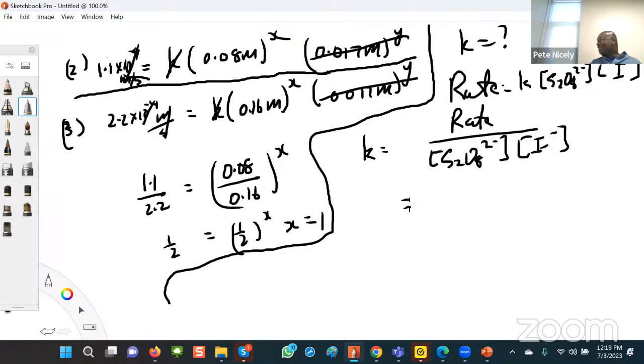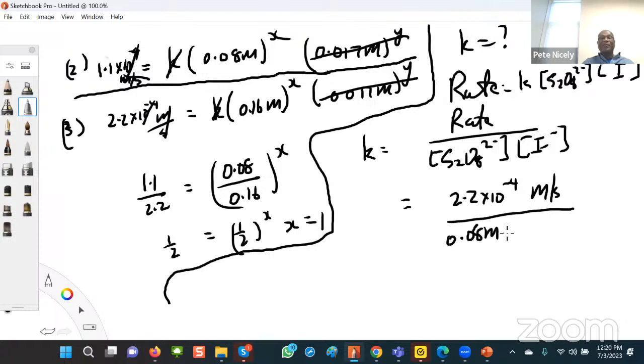So if I choose experiment 1, all I have to do is put the value for the rate, which is 2.2 times 10 to the minus 4 M per s, divided by, for the persulfate, that is 0.08 M, times, for the iodide, that would be 0.034 M, and that's it.